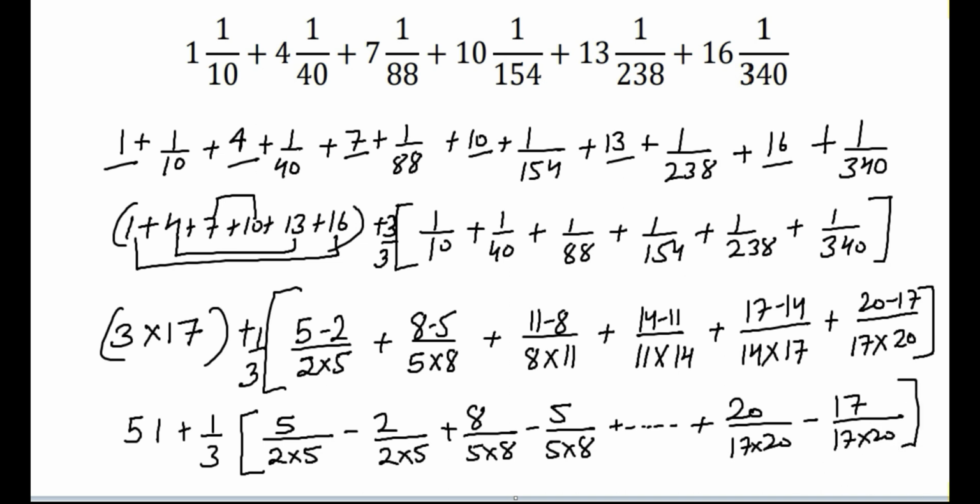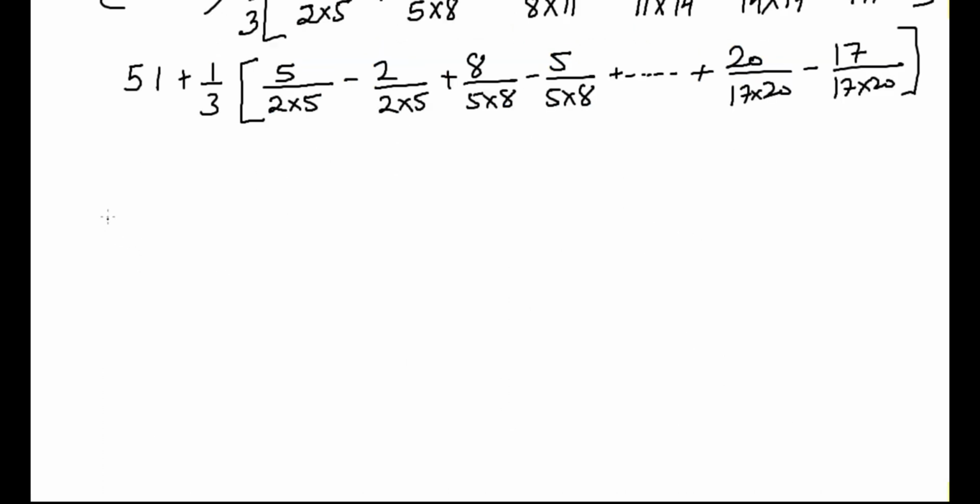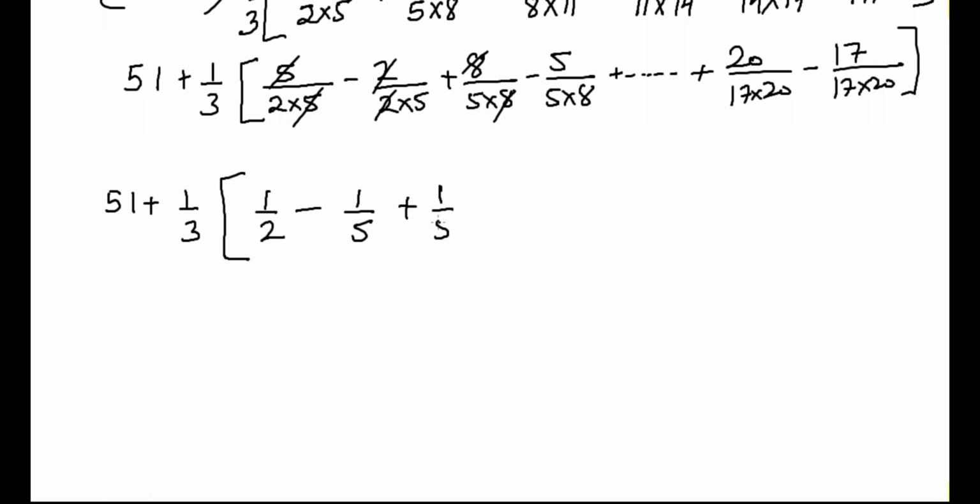Now what we see here is that if we subtract, meaning cancel out, this thing, it is just 1 by 2 left, it is just minus 1 by 5 and plus 1 by 5 that cancel, and minus 1 by 8 and so on, till you get 1 over 17 minus 1 over 20.